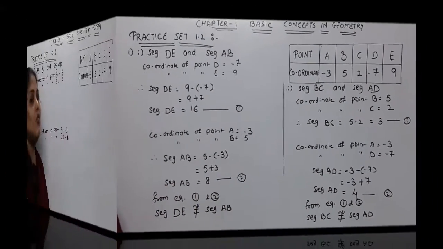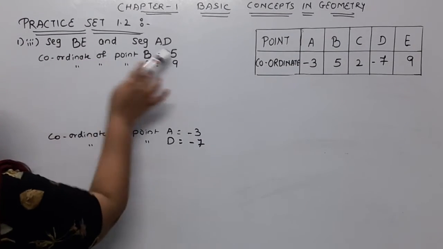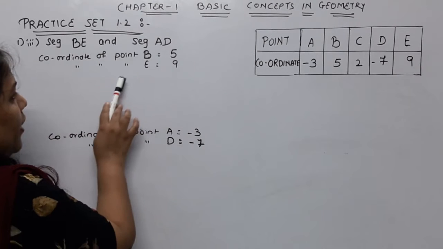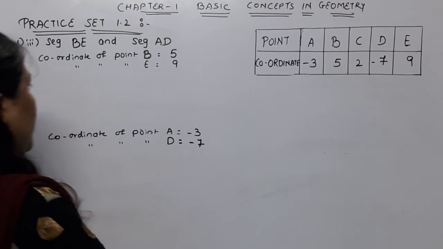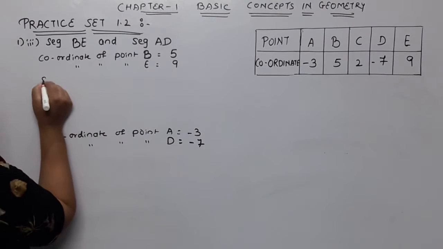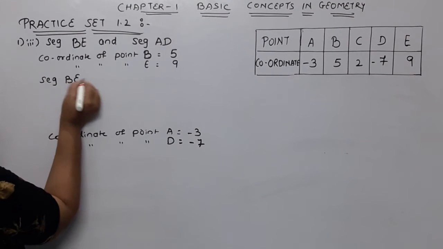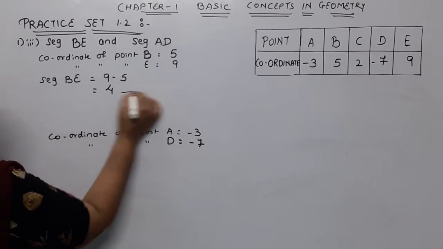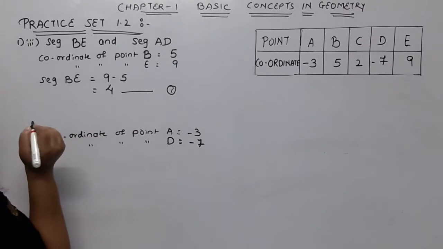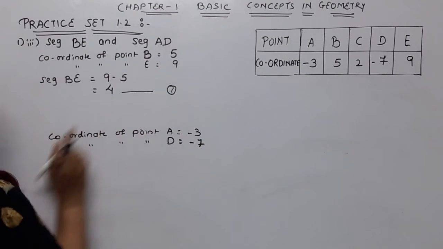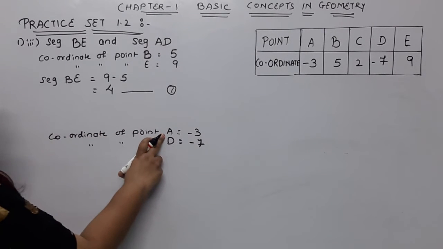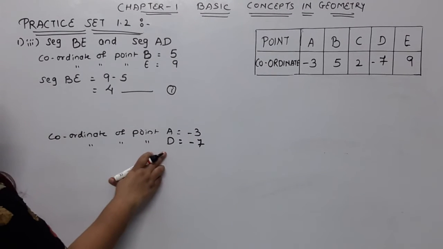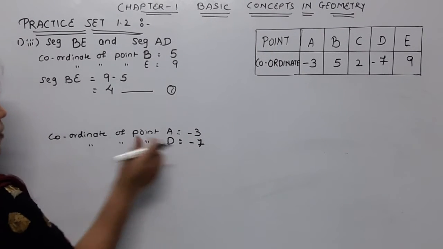Now see the third sum. Seg BE and AD. Now here coordinate of point B is 5 and coordinate of point E is 9. So seg BE equals 9 minus 5, that is equal to 4. This is our equation 1. And for AD, coordinate of point A is minus 3 and coordinate of point D is minus 7.